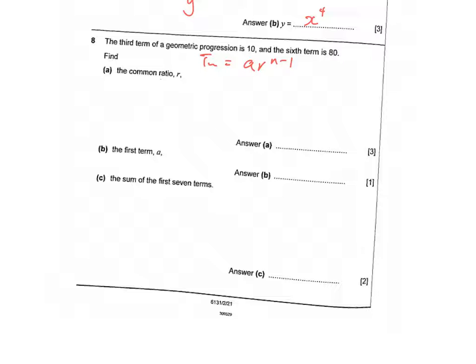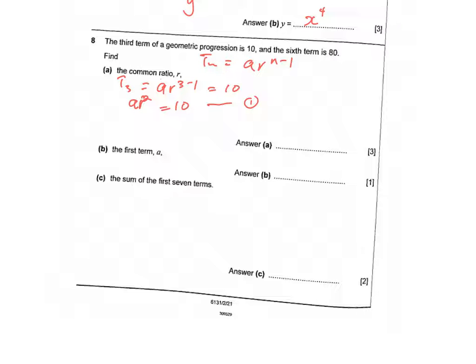That is the nth term formula. Now if you want to find term 3, you say T3 equals a r to the power 3 minus 1, and you know that the third term should be 10. You equate it to 10, which means a r to the power 2 equals 10. This is your first equation.